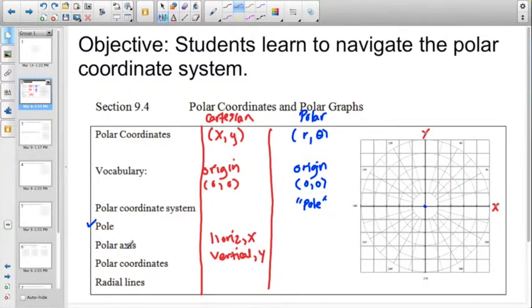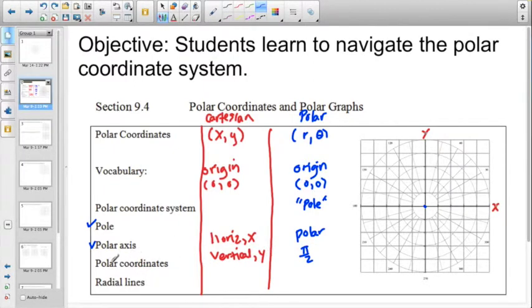In the polar system, we have what we call the polar axis, and the polar axis is nothing more than the horizontal axis. So this is the polar axis. And then the vertical axis, which we call the y-axis in the Cartesian coordinate system, we call the pi over 2 axis, because that's the radian value pi over 2.